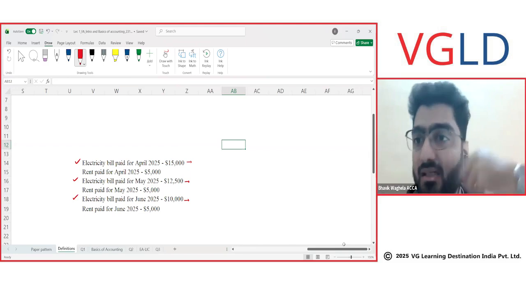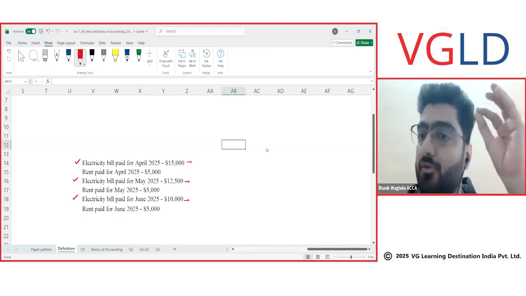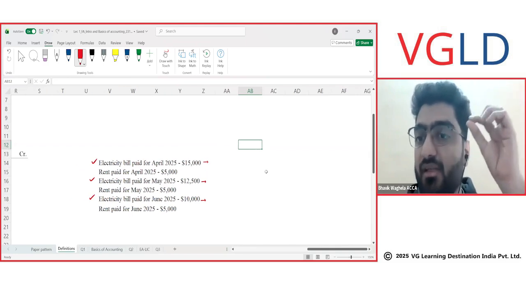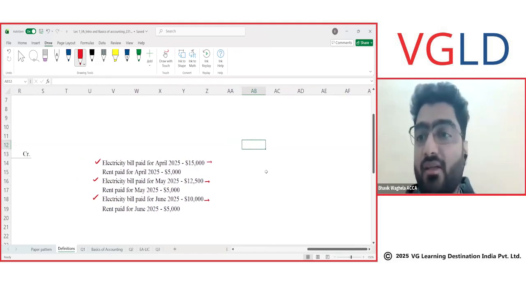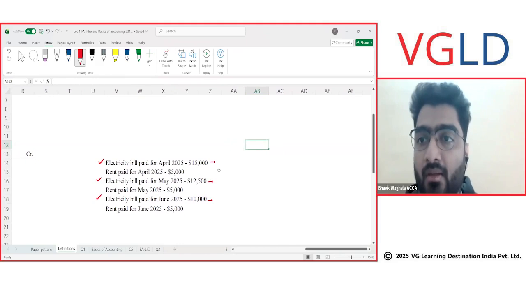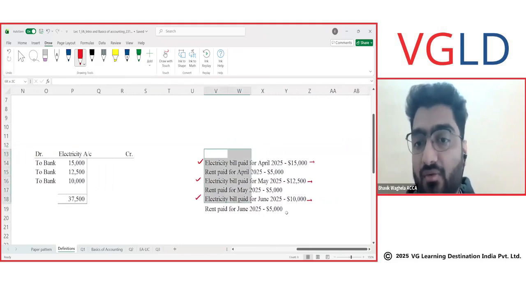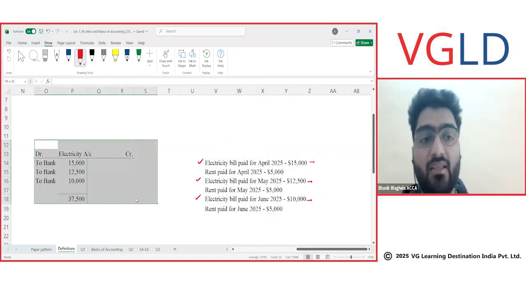So if I say rent account, then in this I will have all the transactions pertaining to rent only. If I say electricity account, then here I will have the entire summary of electricity transactions only. Now, what do you think? Which one is more convenient to us? The transactions in statement form or the one prepared in accounts form?